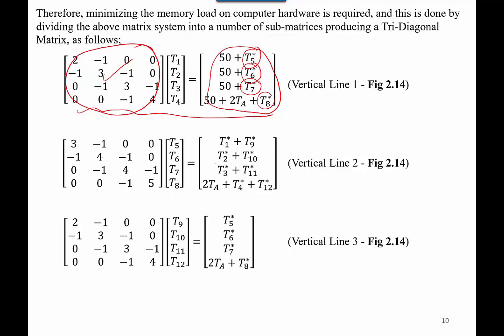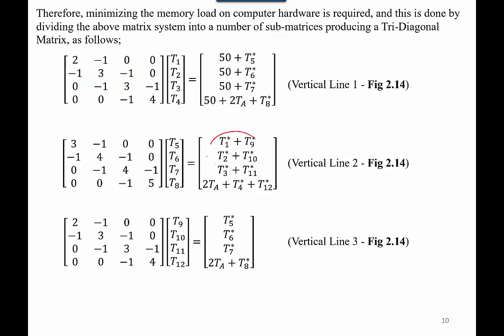So these symbols have to be changed to numbers. The same goes for the other submatrices: we have to change the symbols on the source vector on the right into numbers.